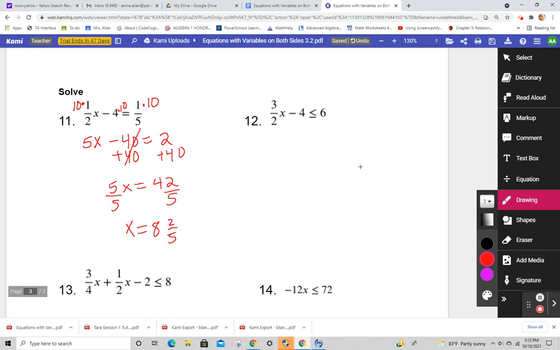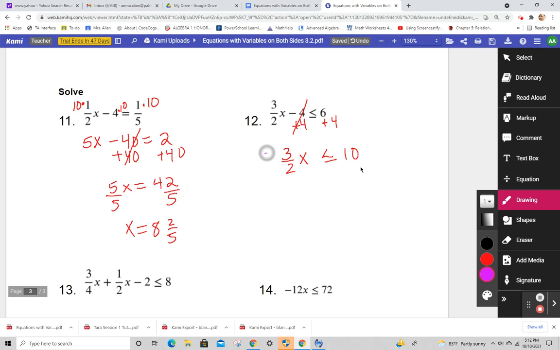All right, since I only have one fraction here, not multiple fractions, I don't need to worry about getting rid of fractions, because when I add 4 to both sides, all I have to do after that is multiply both sides by the reciprocal, and we know how to do that easily. All right, so I'll start by adding 4 to both sides. So I have 3/2 x is less than or equal to 10.